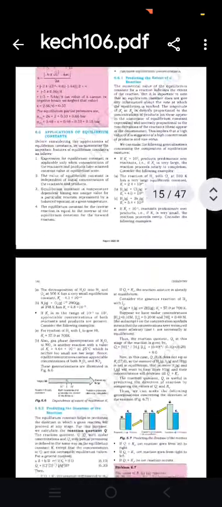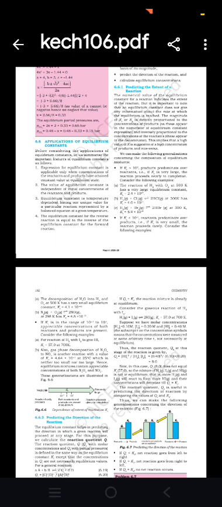Predicting the extent of the reaction. If Kc is greater than 10^3, the products predominate over the reactants. If Kc is very large, the reaction proceeds nearly to completion. Consider the following examples.